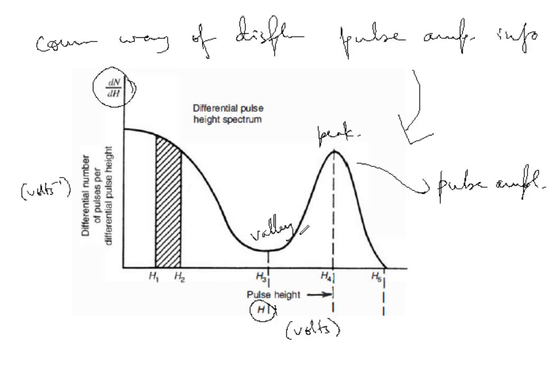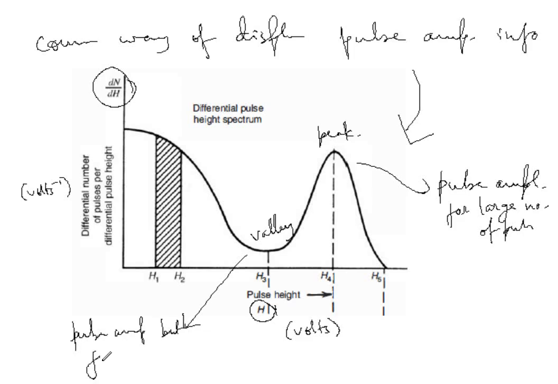So this means pulse amplitude, again this one, for a large number of pulses, and here the same pulse amplitude, but for a small number of pulses which could be found, right?